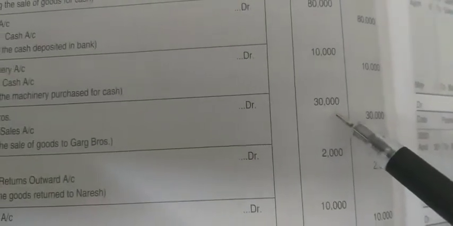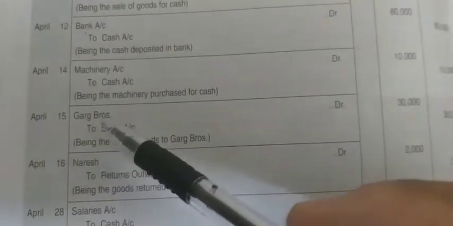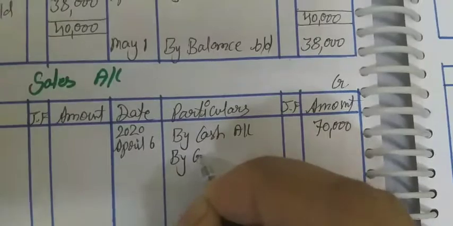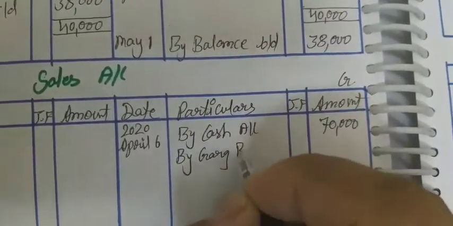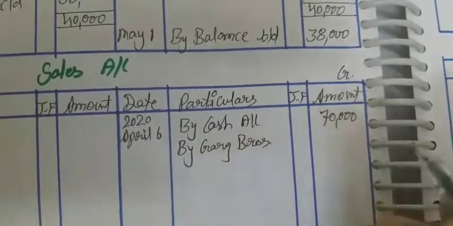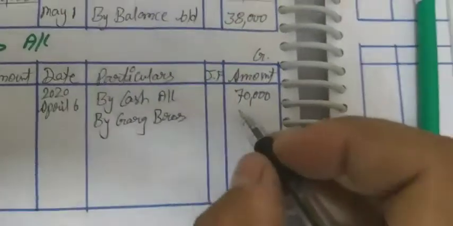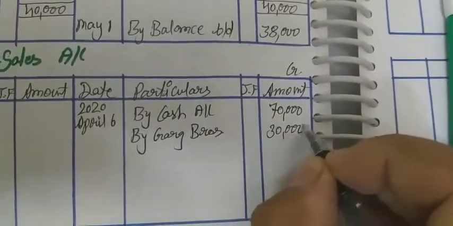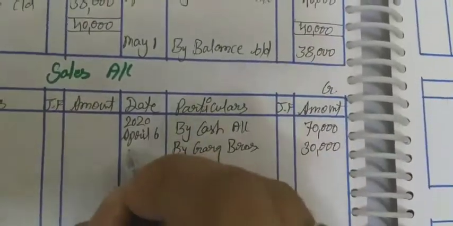On April 15, sales account with rupees 30,000. So the account is Garg Bros. So by Garg Bros, amount is 30,000 and the date is April 15.